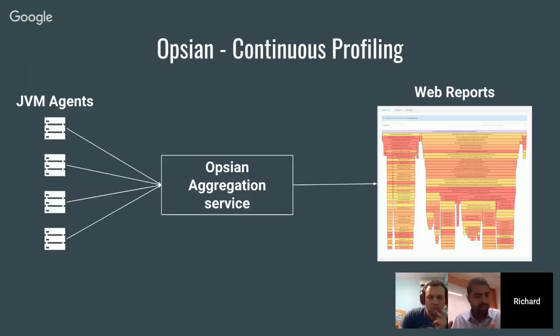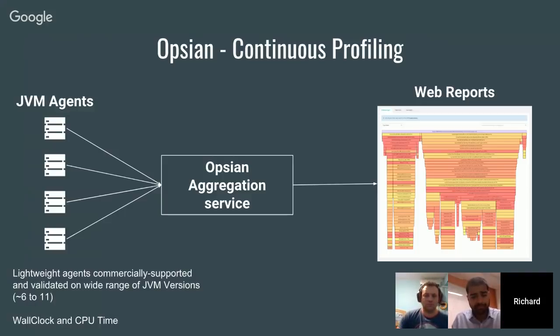The aggregation service indexes those and aggregates them, and then there is a web-based reporting UI where users can run reports against that data. So it's a way of applying continuous profiling in production, and it's a complete package that does all of that for you. And we've had great success with our customers in finding unknown unknowns or even tackling known unknowns with this platform.